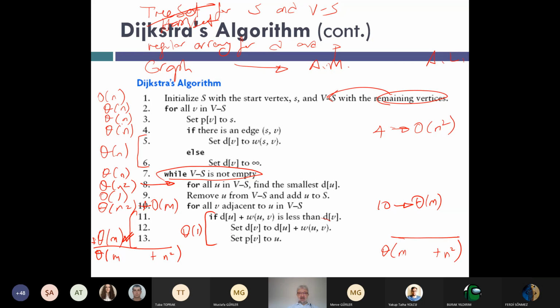Remember, there was a data structure that helps us in finding the smallest value, which is a priority queue, right? If we use the priority queue, we can reduce the cost of the 8th step as well.